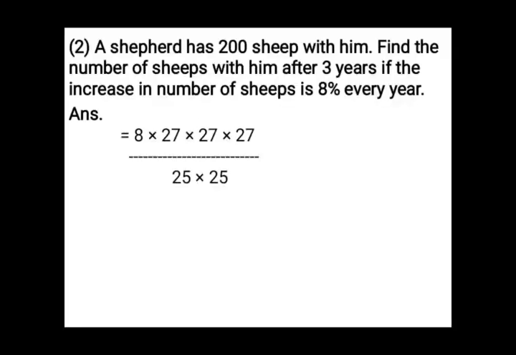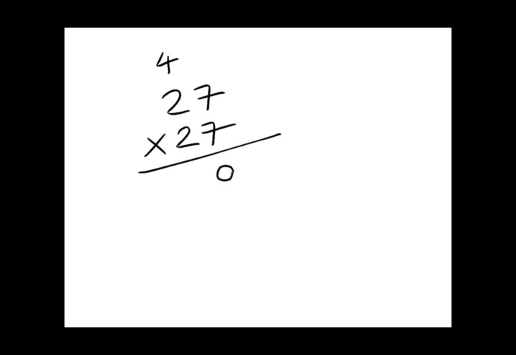That is equal to 8 on numerator. First we will multiply 27 cube. Seven sevens are 49. 7 twos are 14, 14 plus 4, 18. 2 sevens are 14. 2 twos are 4 plus 1, 5.